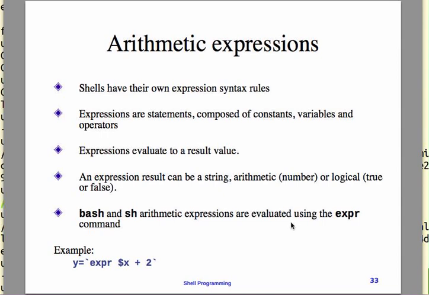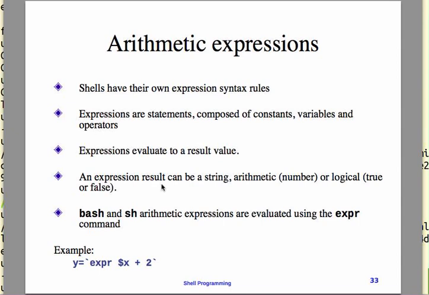Okay, so unfortunately, shells have their own expression syntax rules. So what are expressions? Expressions are statements which are composed of constants, variables, operators, and sub-expressions too. Usually expressions evaluate to a single result value.